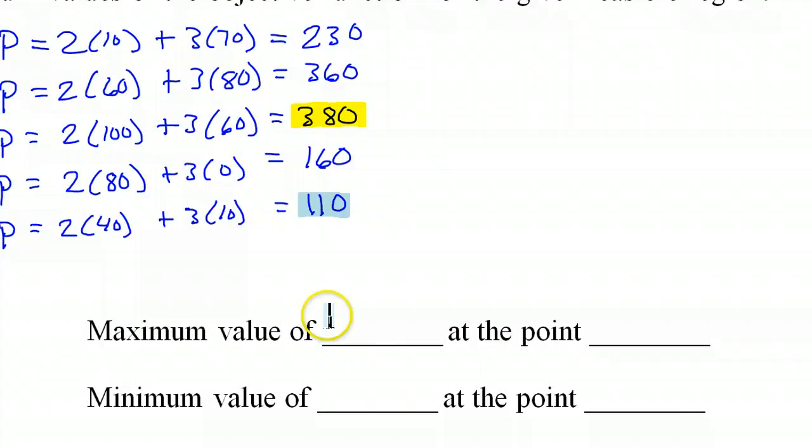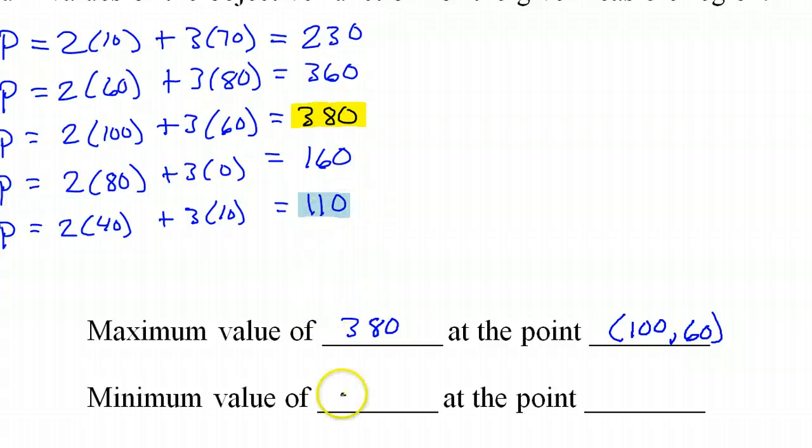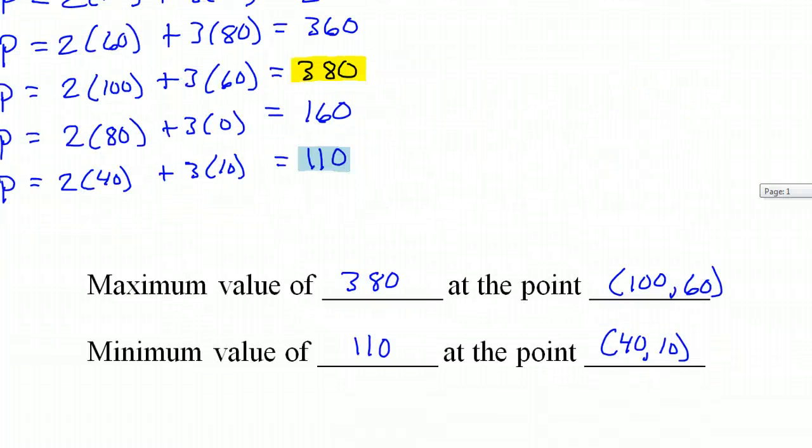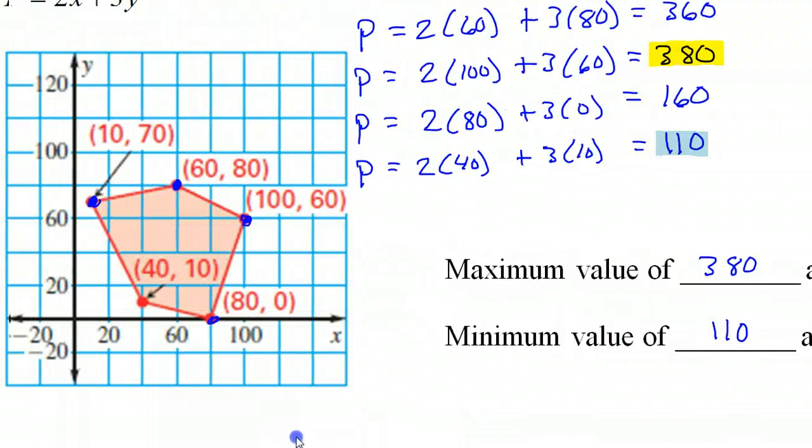The maximum value of 380 occurred at the point 10, 60. I mean 100, 60. The minimum value of 110 occurred at the point 40, 10. I think that's it for this problem. That's all they wanted. That's how you do the whole max and min thing.